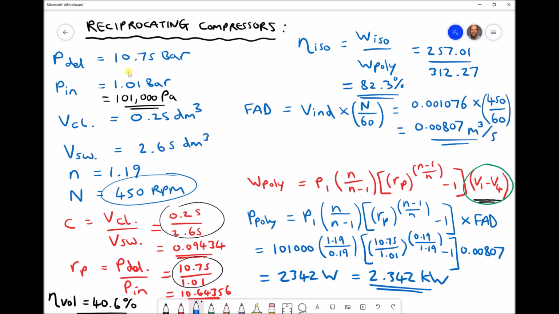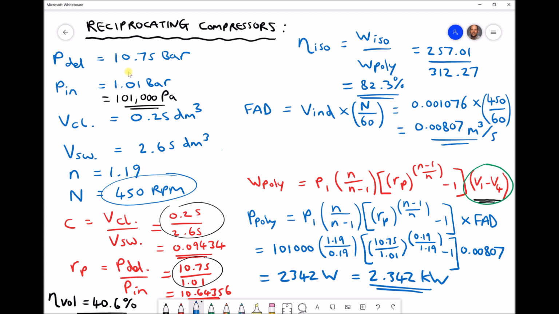And we've calculated our isothermal efficiency, which compares the isothermal work, or the constant temperature work, to the polytropic work. And it tells us how close our process is to isothermal. Next, we calculated our free air delivery, which is the amount of air passing through our cylinder every second. And then we use that to calculate the power consumed by our compressor as it compresses and delivers air into our receiver or into our system.